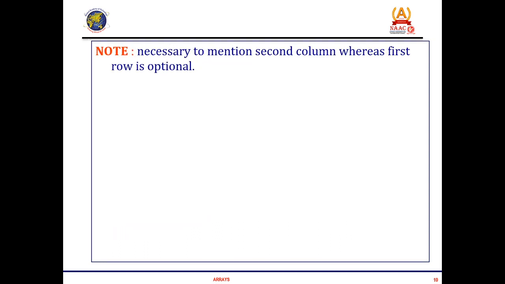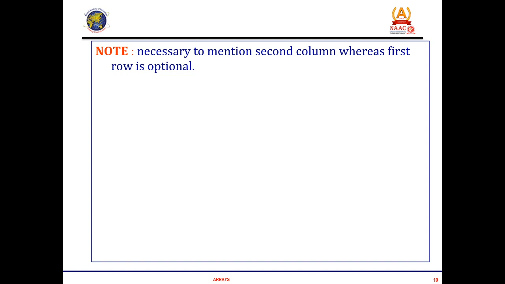Now, one of the important things you should note is that in case of a two-dimensional array, it is necessary to mention the second dimension, the column, whereas the first, the row, is optional. Now, what exactly do I mean by this? Just try to recollect when you initialize the elements of an array in case of single dimension. I had told you that whenever the programmer initializes the elements of an array during its declaration, C allows you to skip the dimension.